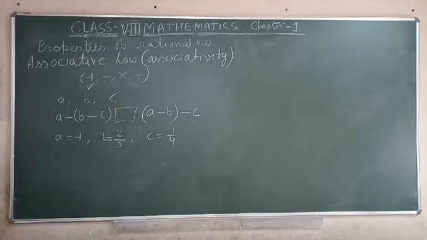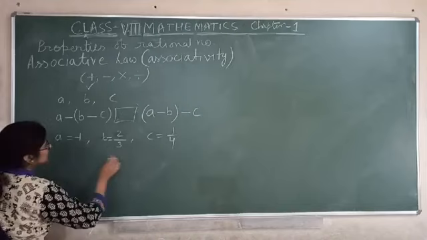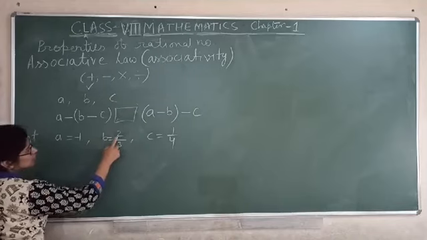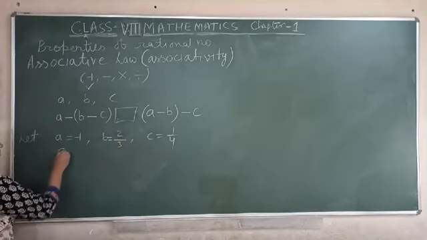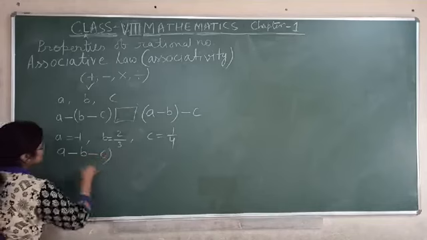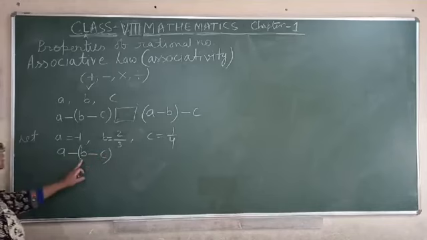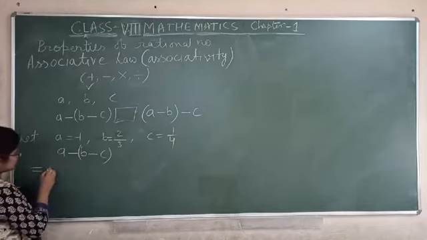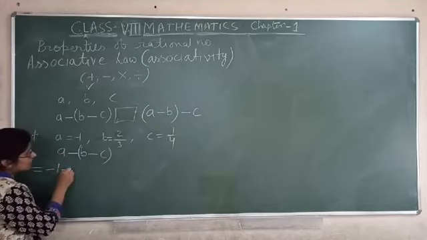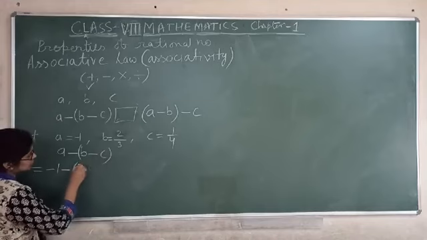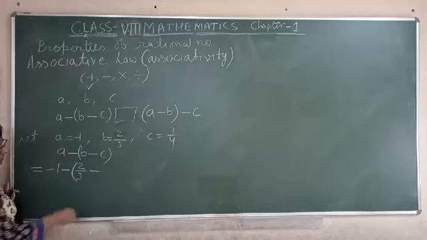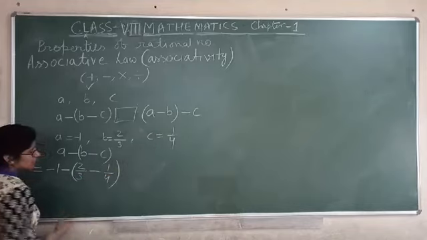So you have to check for these three rational numbers A, B and C. First we will check this one, A minus bracket B minus C. A is minus 1, then minus within bracket 2 by 3 minus, and here 1 by 4. C is 1 by 4.